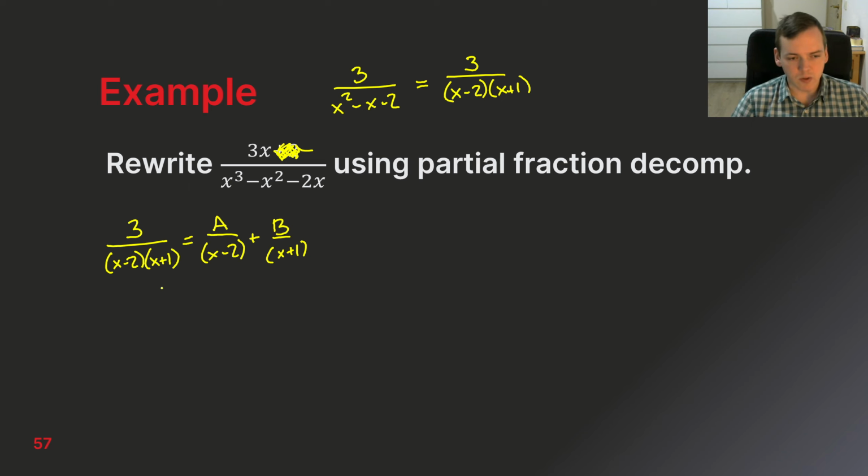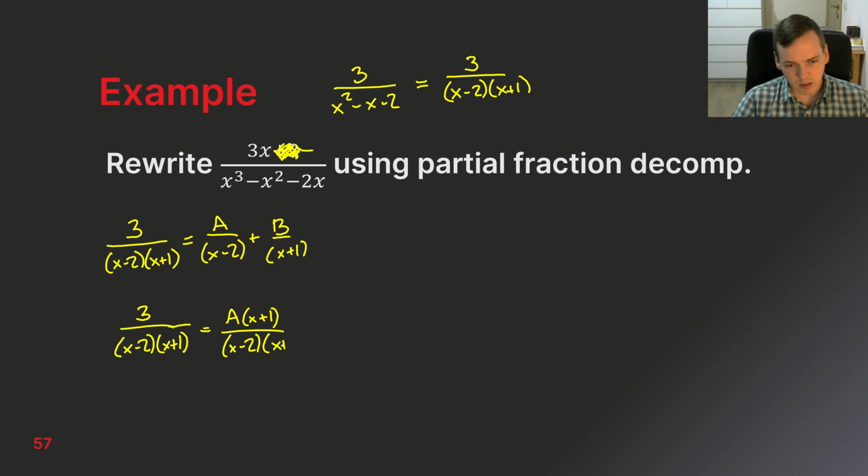So the way that we do that is by starting to try and make these two equations match up, make the two sides match up. So 3 over x minus 2 times x plus 1 is equal to a times x plus 1 over x minus 2 times x plus 1. So I'm trying to recombine these fractions that I have on the right here.